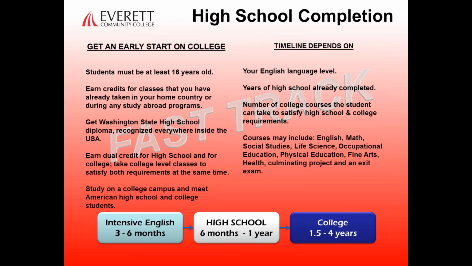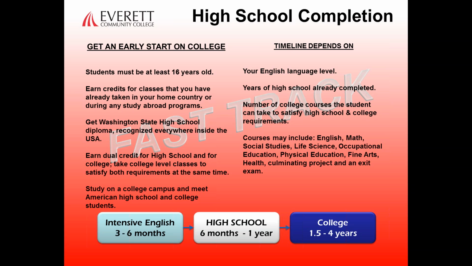We also, as I mentioned earlier, offer high school completion. So the way that this works, and I wish I had a better picture, I always draw a picture when I do this. If you're not familiar with our high school in college, or their college and high school concept, basically students have not graduated high school yet. They must be 16.